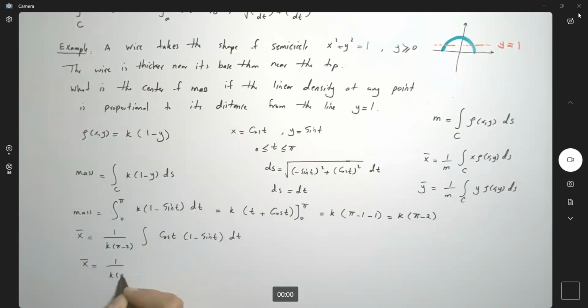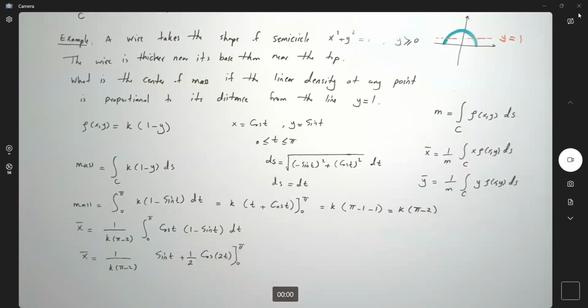So x bar is 1 over k times pi minus 2, and the integral of cosine, which is sine t. And here you have the integral of sine times cosine, which can be written as negative a half cosine of 2t, from 0 to pi.